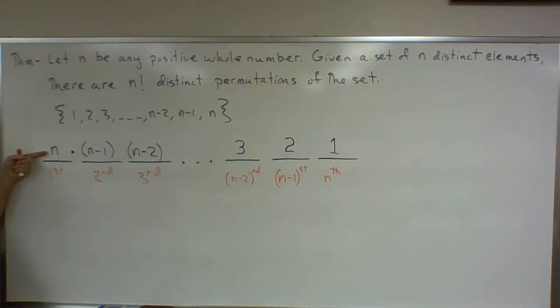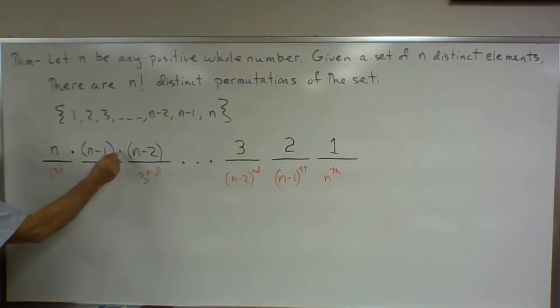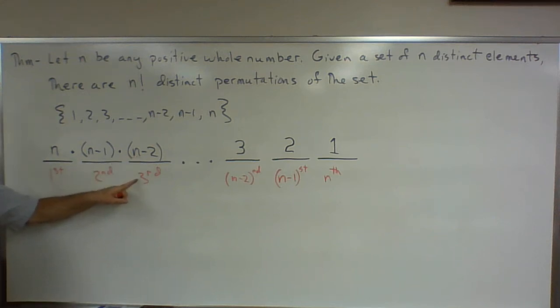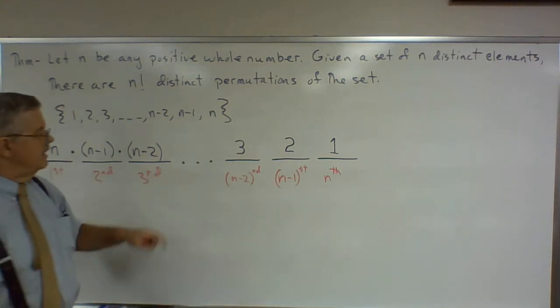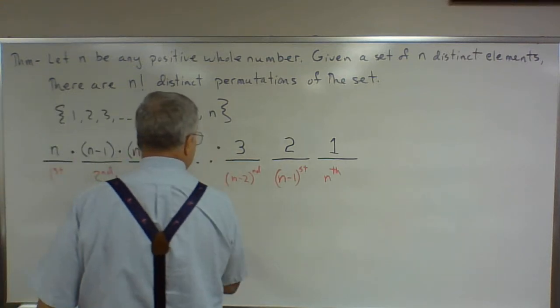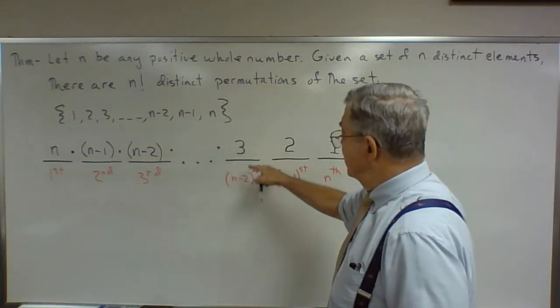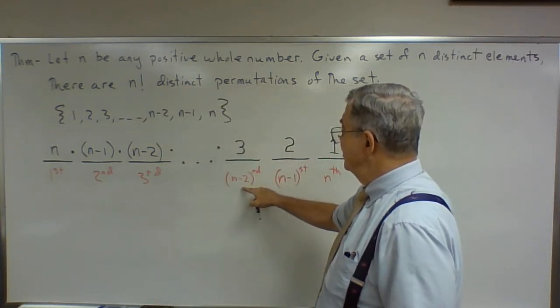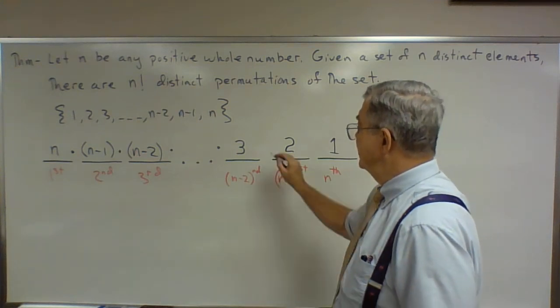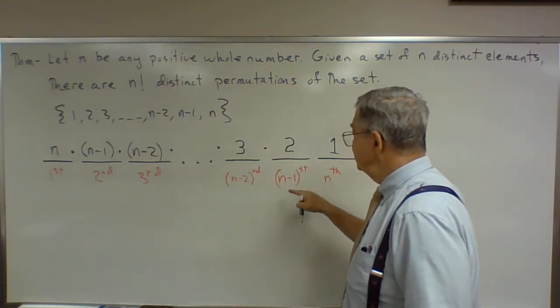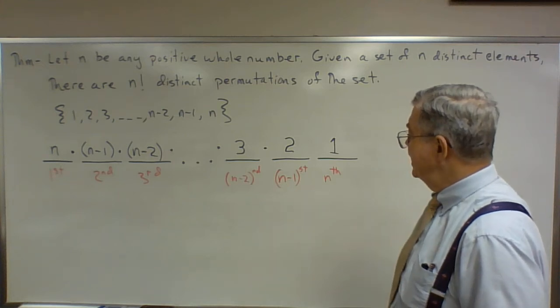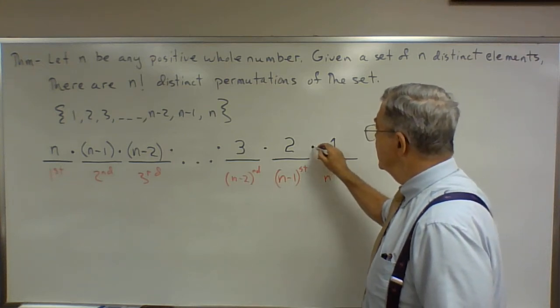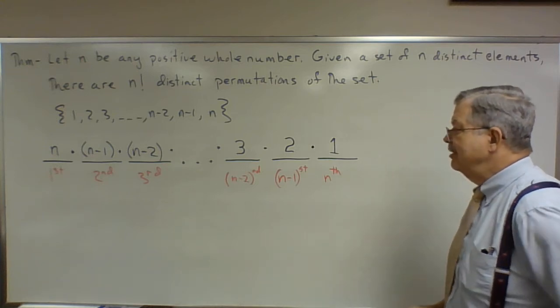There are n outcomes for the first element times n minus 1 outcomes for choosing the second element times n minus 2 outcomes for choosing the element that goes third, dot, dot, dot, 3 outcomes for choosing the element that goes third to last, times 2 outcomes for choosing the element that goes next to last, times 1 outcome for choosing the last element.